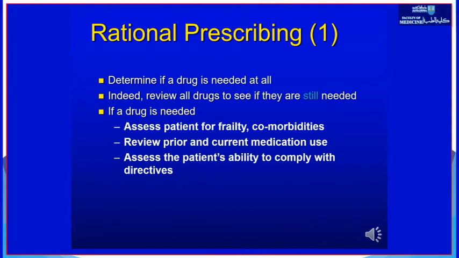So if a drug is in fact needed, we assess the patient for frailty and comorbidities, we review prior and current medication use, and we assess the patient's ability to comply with directives. It's no use just prescribing a drug to an elderly patient. Make sure that he understands how to take it, when to take it, and that he remembers when to take it. So if the patient is not able to take the medication himself, we educate the caregivers.